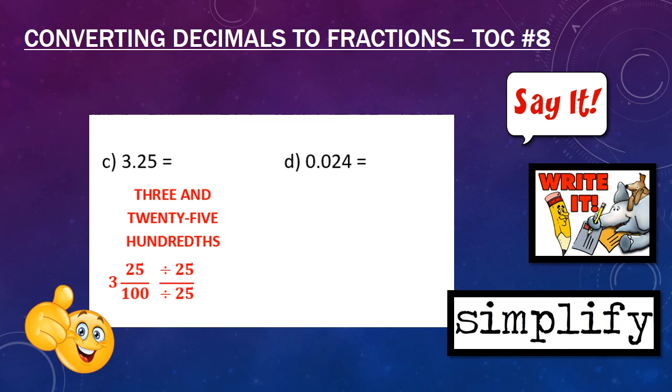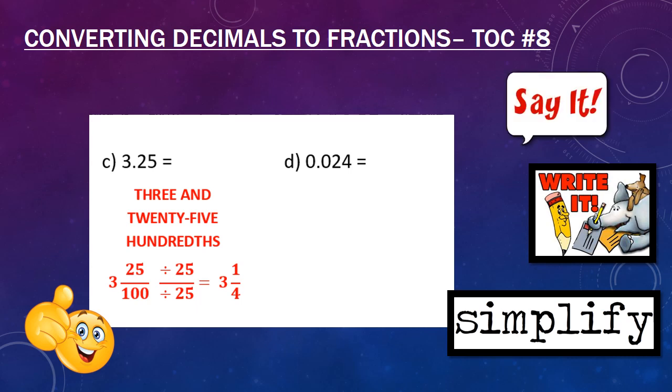If I divide by 25, I would end up with 3 1/4. You can also start by dividing by 5 and just keep dividing by 5 until you can't anymore. Or if you recognize that that looks like money, 25 cents out of $1, you'll recognize that that's 1 out of the 4 quarters.